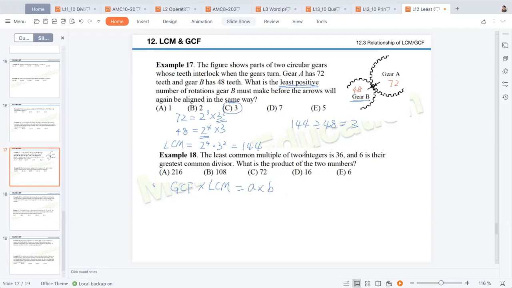So here, the LCM is 36, and the GCF is 6. Okay, so what's the product of these two numbers? Yeah. Thanks for all of you. I think all of you get the right answer. Next question.